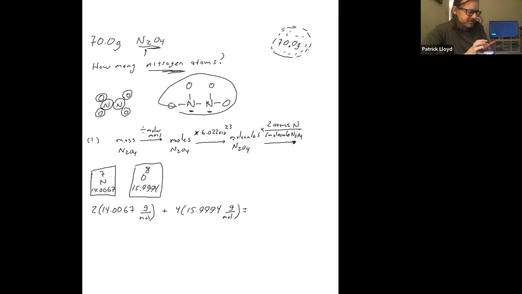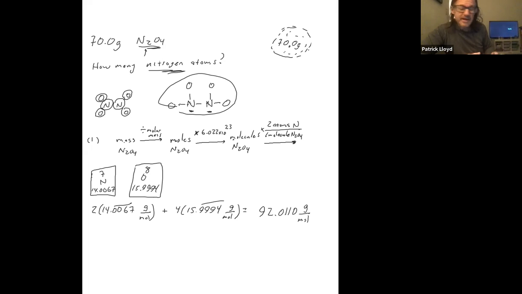Remember, the molar mass is the mass of 1 mole of a substance. So 2 times 14.0067 plus 4 times 15.9994, and you get 92.0110 grams per mole.